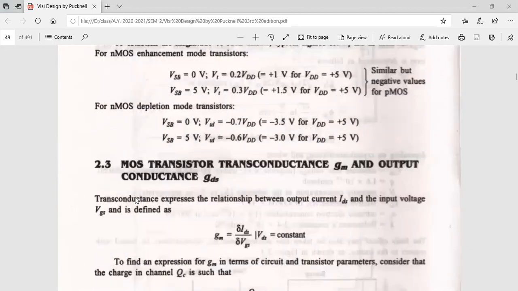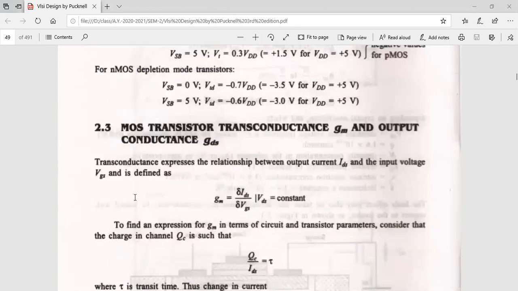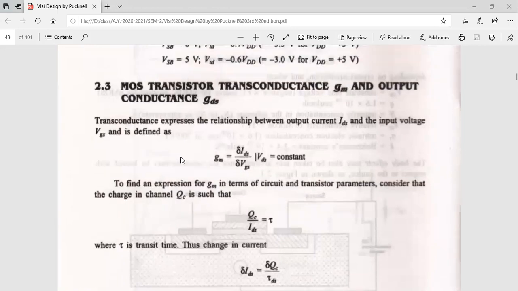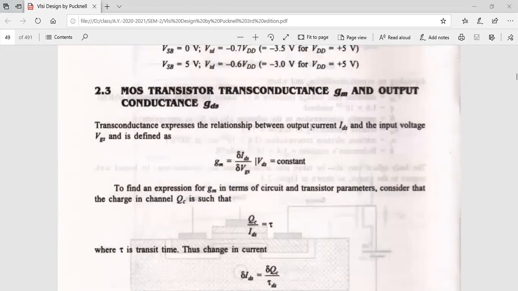So you can also see the MOS transistor transconductance GM and output conductance GDS. You can see these. The transconductance is nothing but the opposite of the resistance, right?